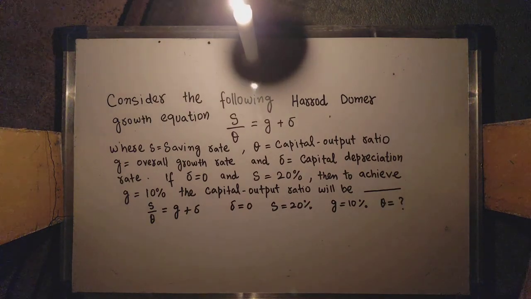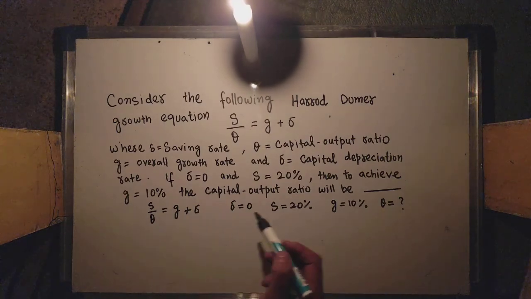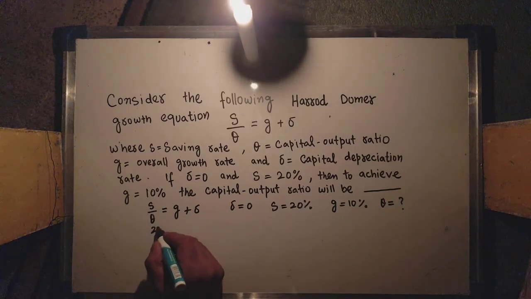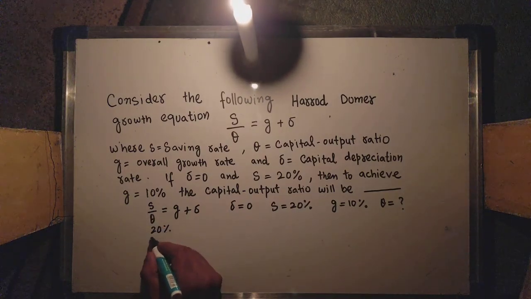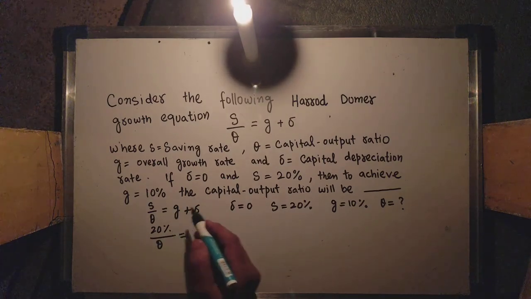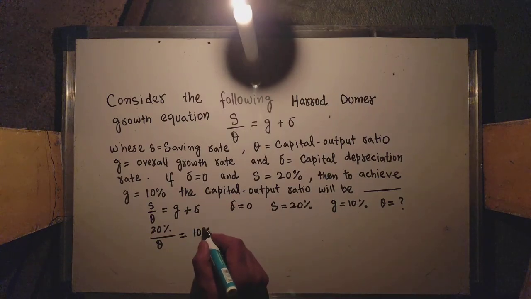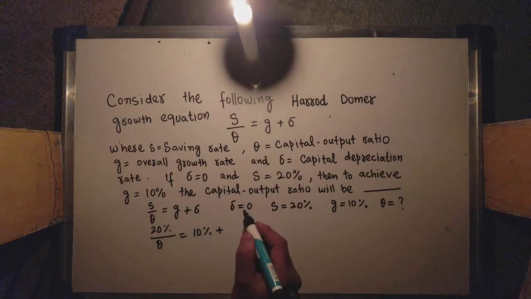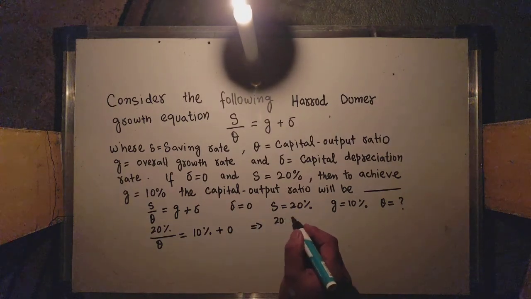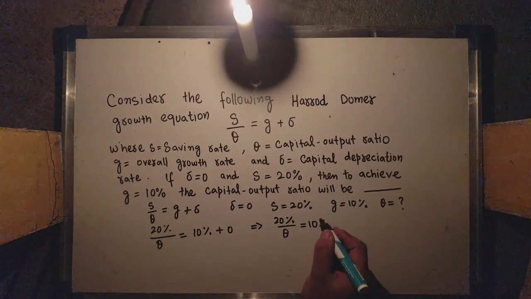It is a simple question. Now we plug the values in this equation: savings rate 20% divided by capital output ratio, growth rate 10% and depreciation rate 0, which implies 20% divided by capital output ratio will be equal to 10%.